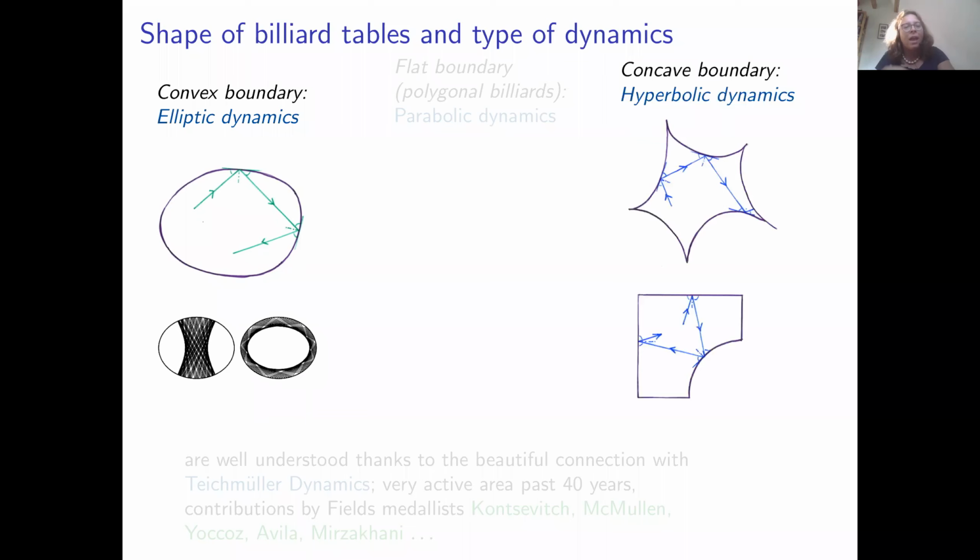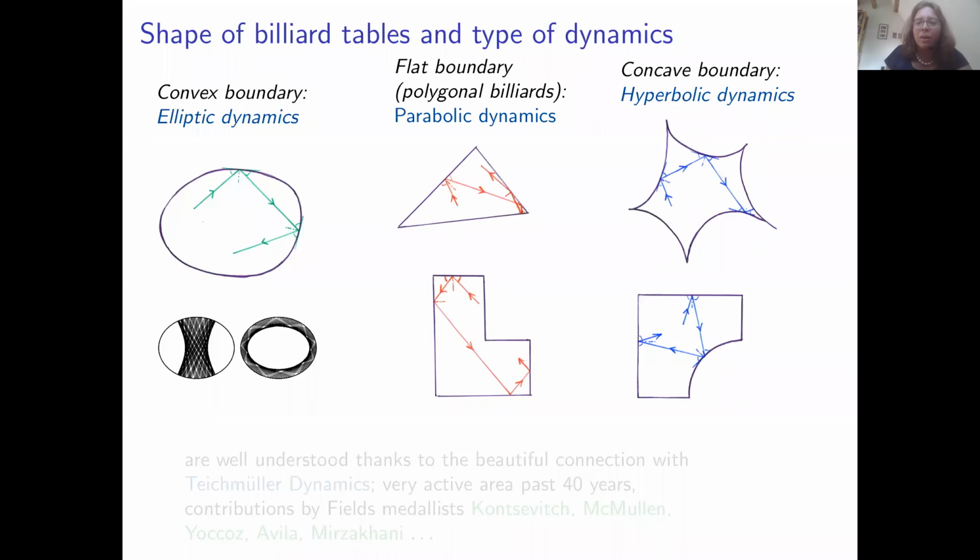On the opposite end, we have concave boundaries. Like in the case of the Sinai billiard, you can think of this as a concave boundary because you see it from the inside of the billiard. So the convex scatterer produces a concave part on the boundary. And these are hyperbolic dynamical systems, fast chaos, as we just discussed.